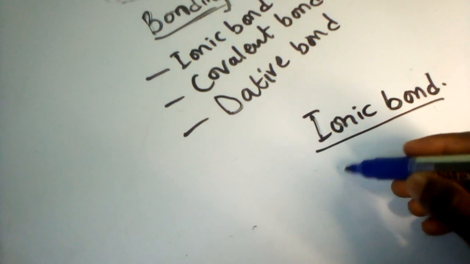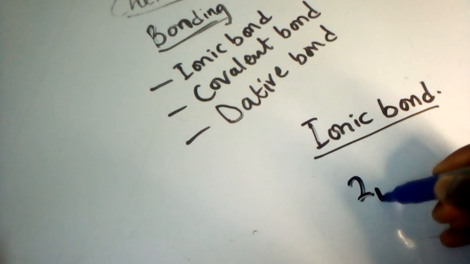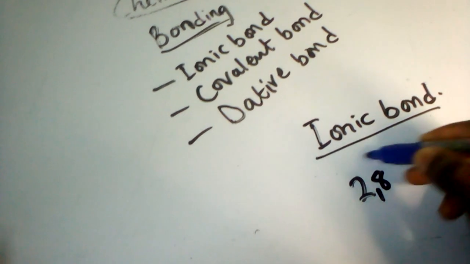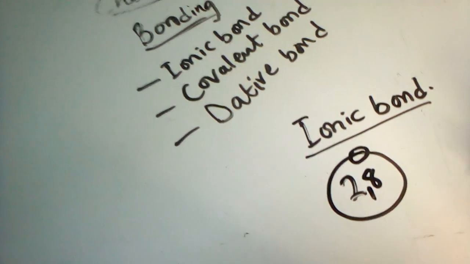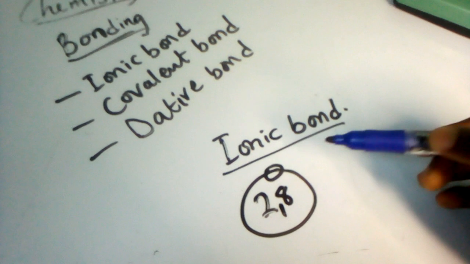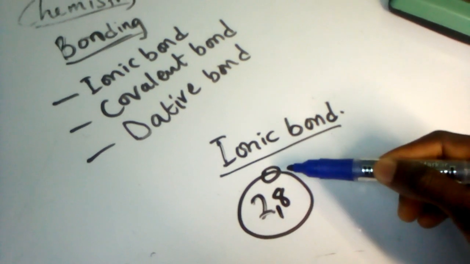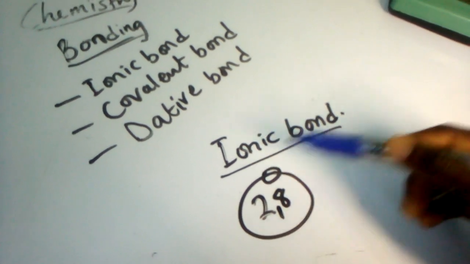So I will make an example with sodium. Sodium has the configuration of 2, 8, and then one electron in the outermost shell. So this is first shell filled up, second shell filled up, and this is the third shell. So sodium is actually needing just 7 electrons left to complete its configuration.